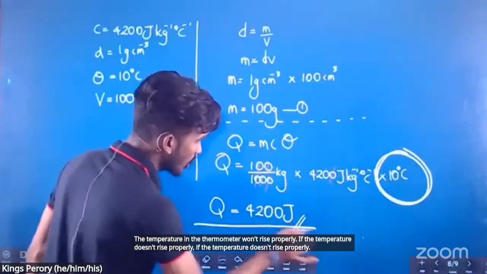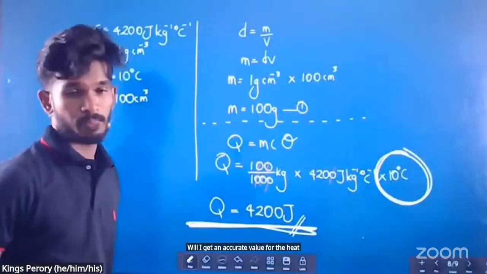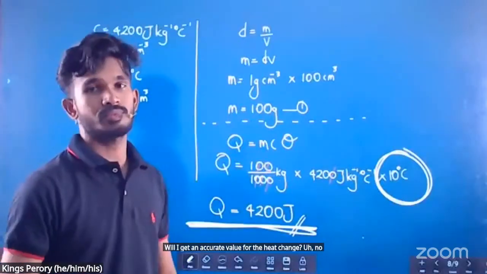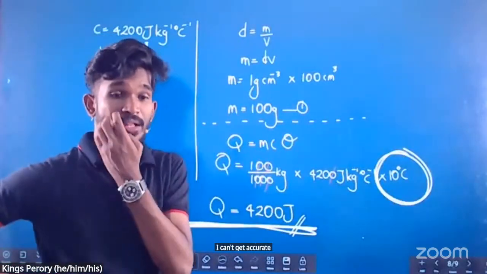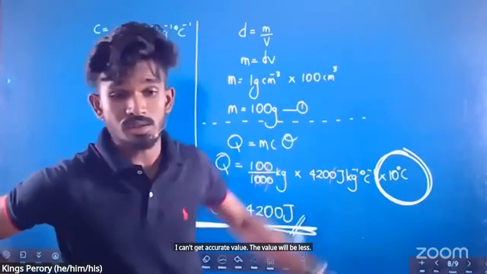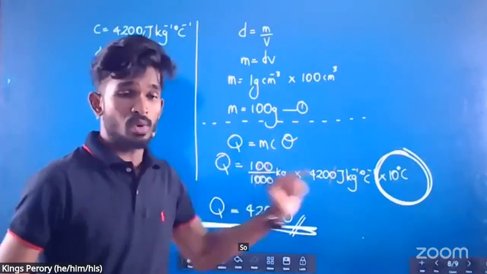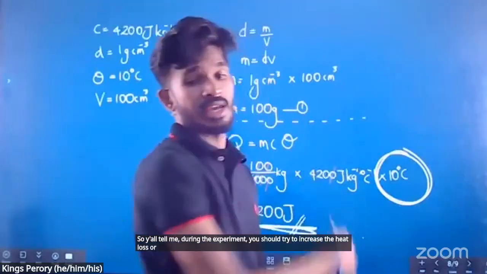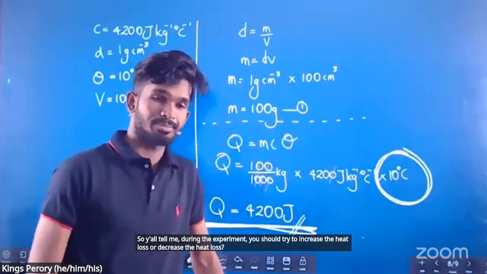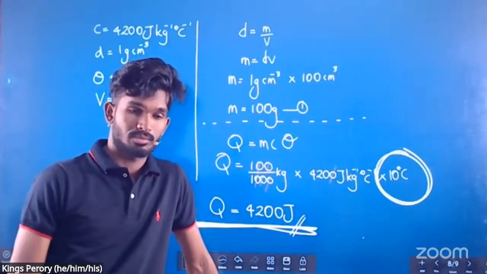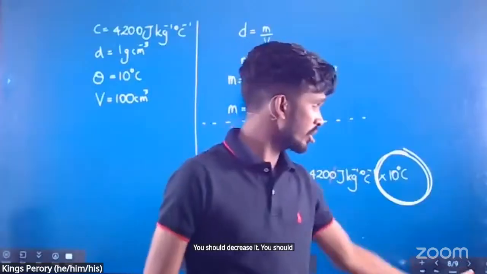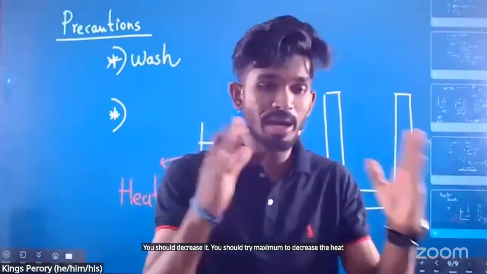Will I get an accurate value for the heat change? No. The value will be less. Why? There's a loss. So during the experiment, should you try to increase the heat loss or decrease it? You should try maximum to decrease the heat loss, minimize the heat loss.